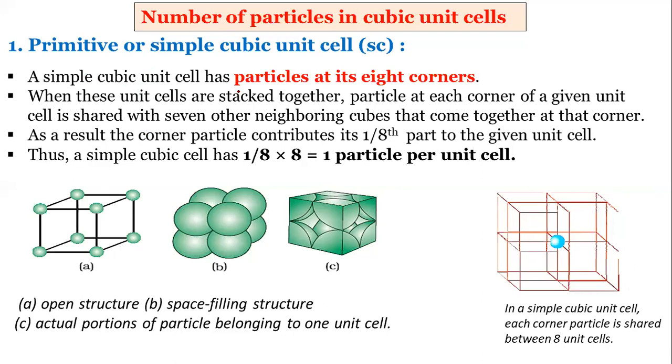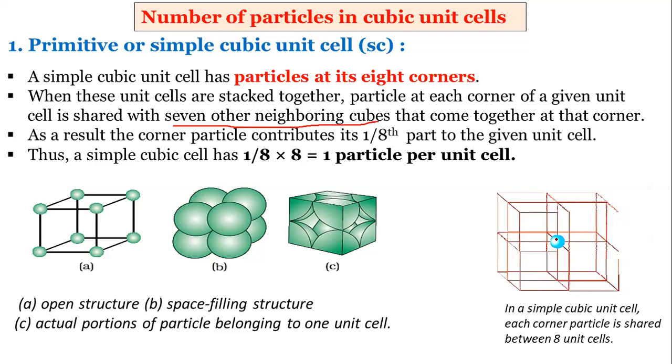Simple cubic unit cells have particles at the 8 corners. We can see here the 8 corners, meaning the particles are at the 8 corners. When these unit cells are stacked together, or combined together, the particle at each corner of the unit cell is shared with 7 other neighboring cubes.